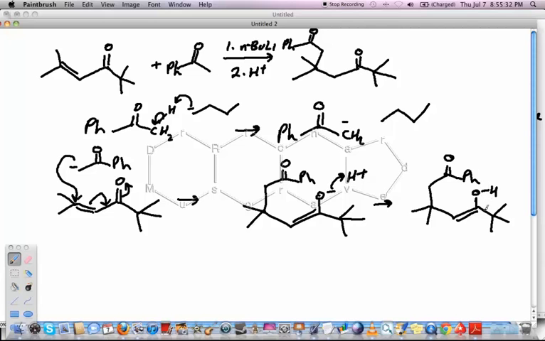And then we can move that H to the other side, makes it a little bit easier. And then we can reform the ketone.